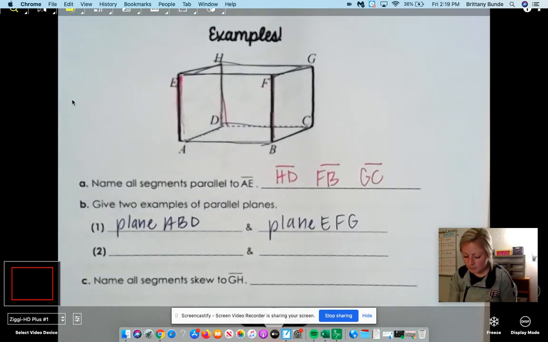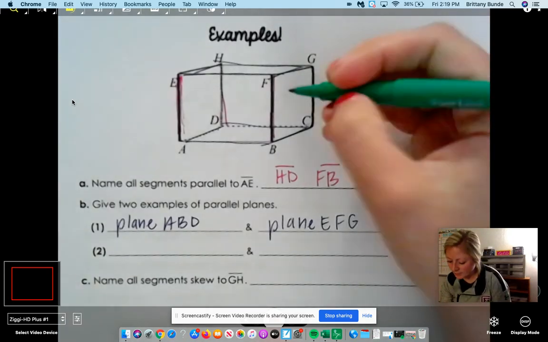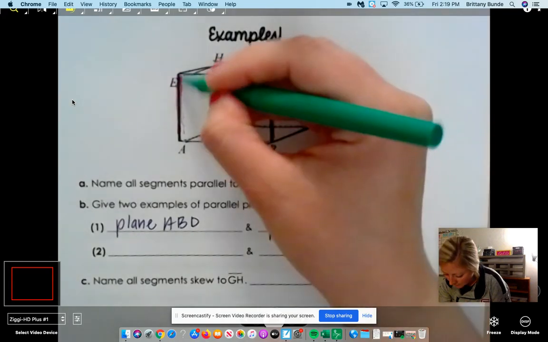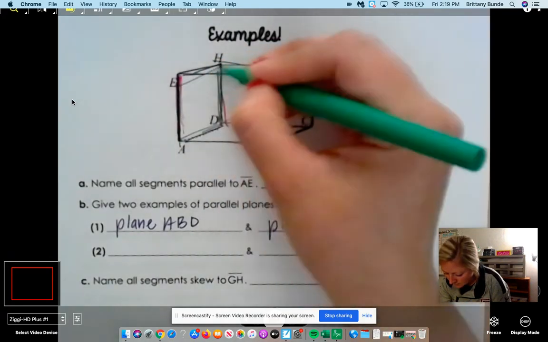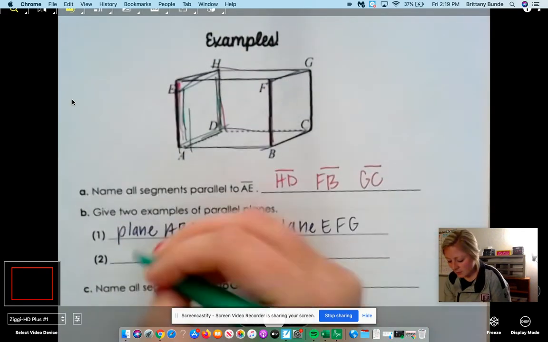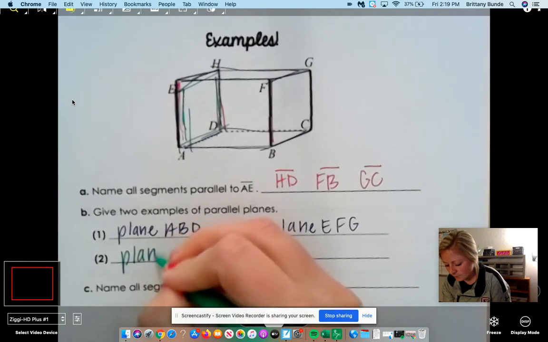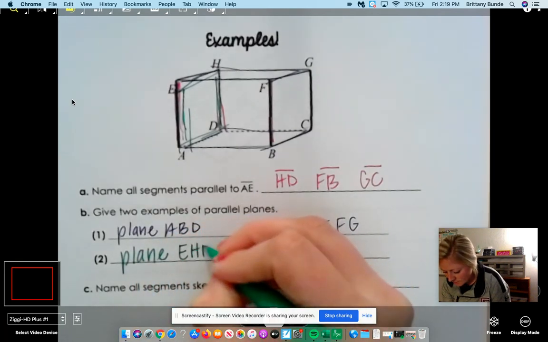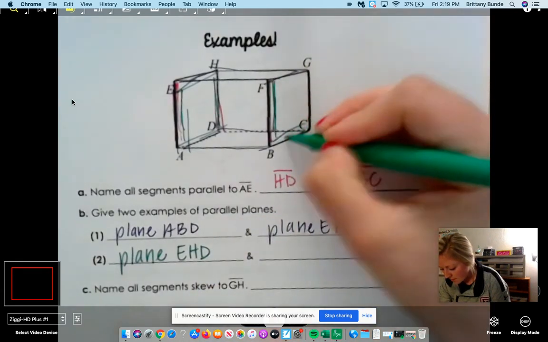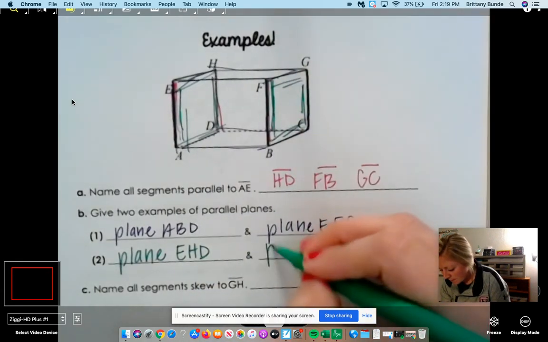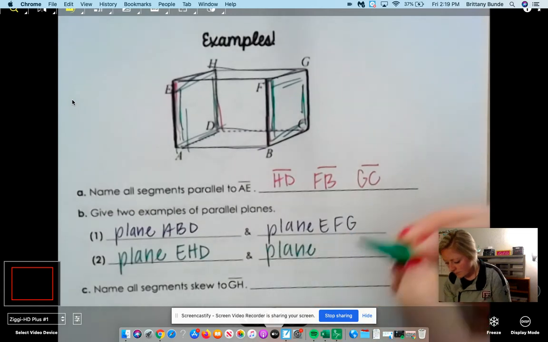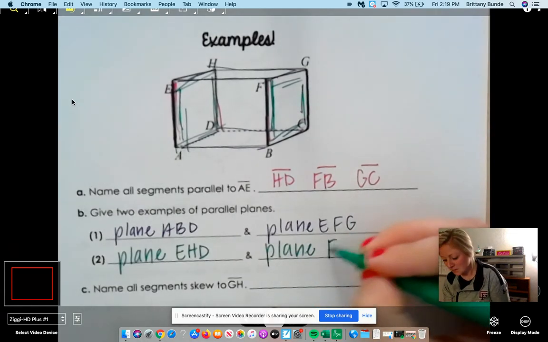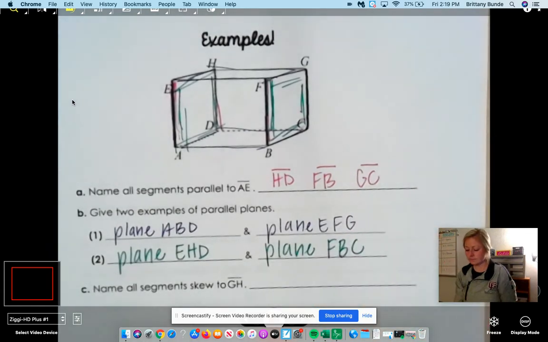And then another one we could do would be the left and right wall. So this left wall could be plane EHD. And then this right wall, plane FBC. How do you feel about that?